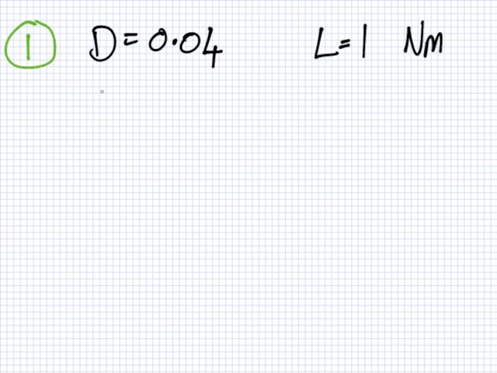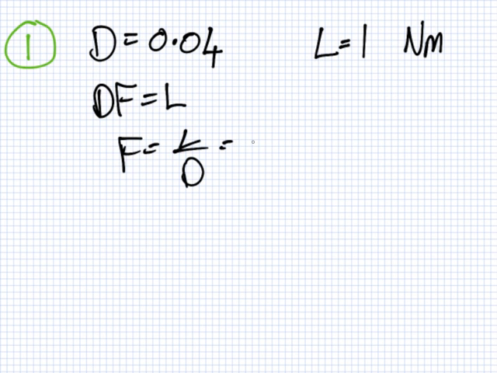So you have dF equals L. So F equals L over D, which is 1 over 0.04. What's that for? 25? Yes. Congratulations, you got the first question right. Only one.